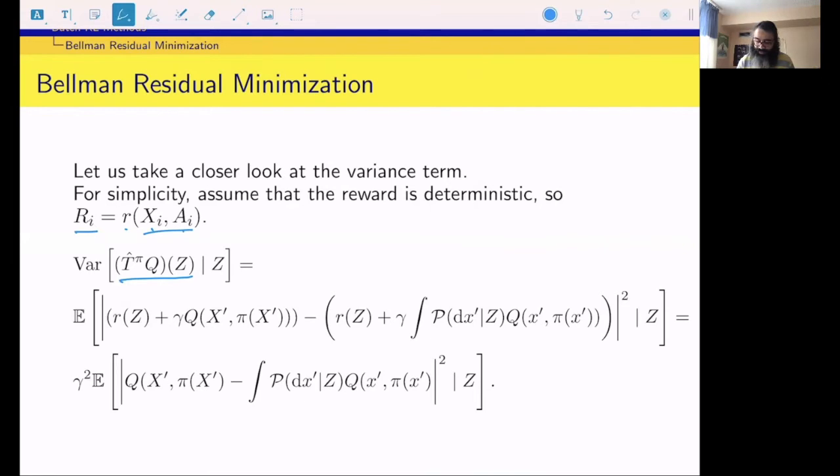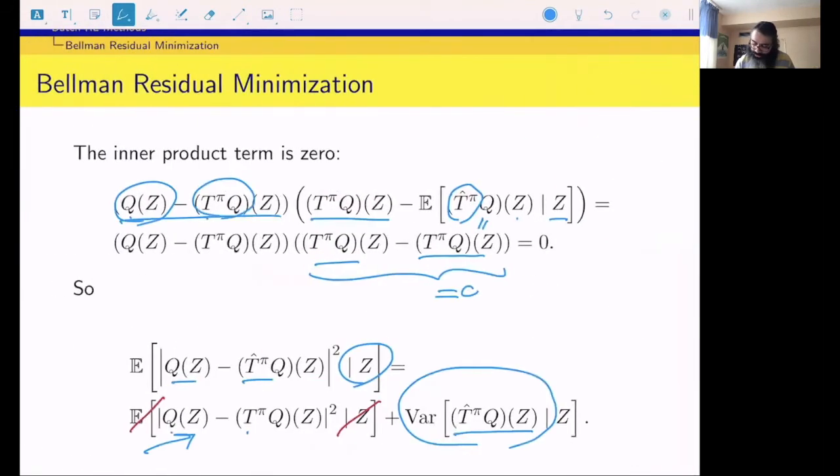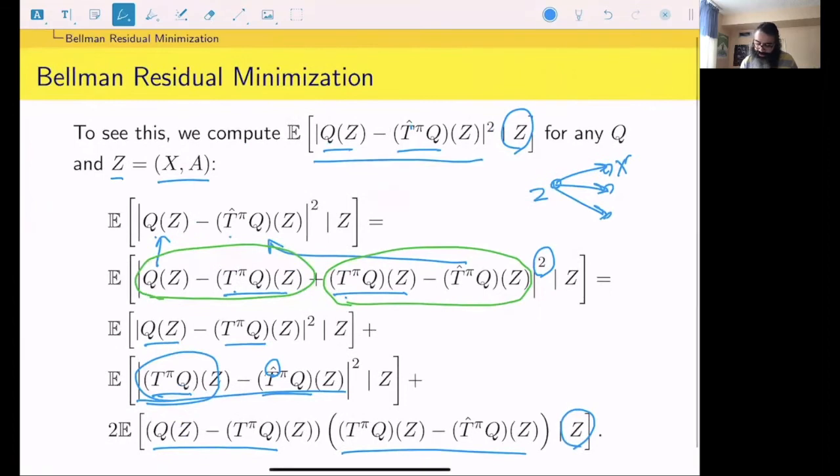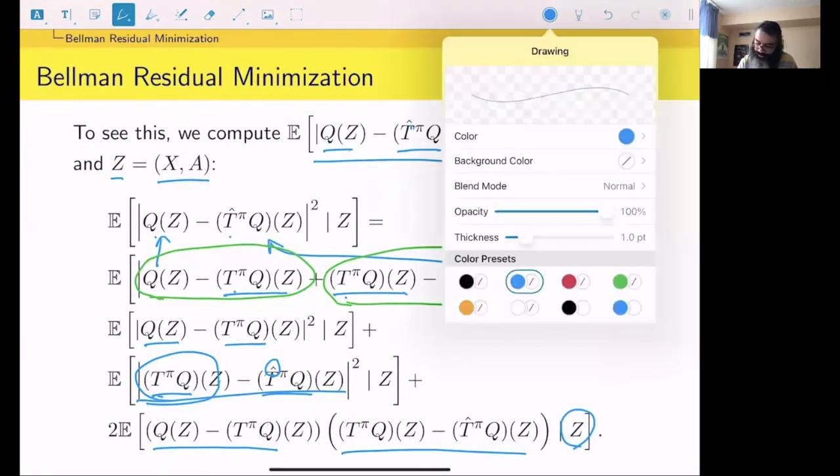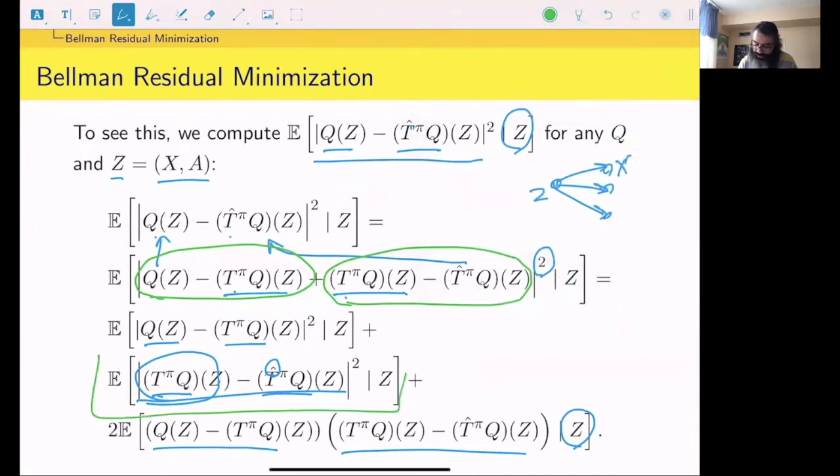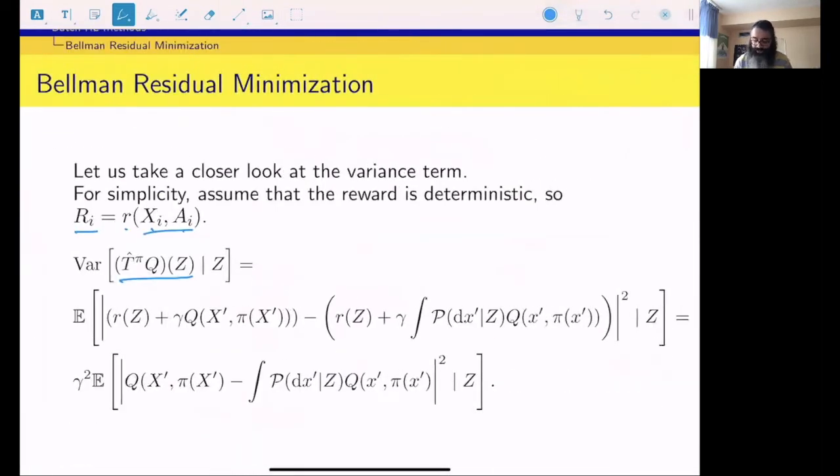I just expand both terms. I'm writing this term, which is the variance, and I expand the definition of T and T hat. For T hat, I get reward plus gamma Q(x', pi(x')). That's the first term. For the other part, the T Q part, this would be its expectation, of course.